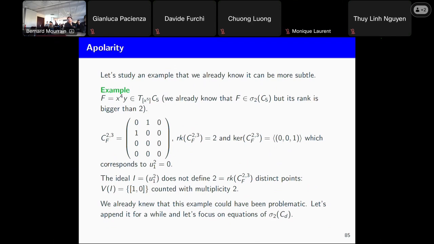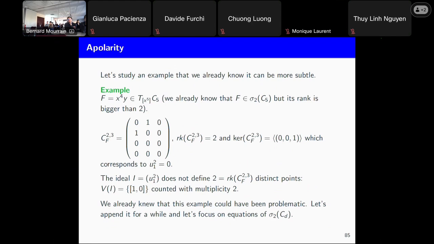And indeed it happens. Now I look at the kernel of this map, and in the kernel I find this vector here. So it's the catalecticant that goes from partials of order 2 to polynomials of degree 3. So this is an element in the space of partials of order 2. And again, I fix the basis u0 square, u0 u1, u1 square.